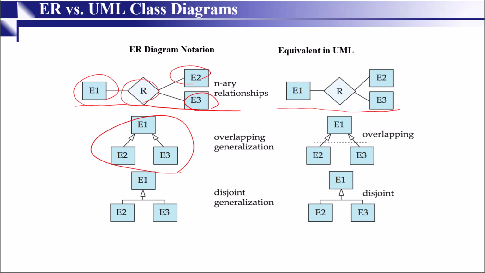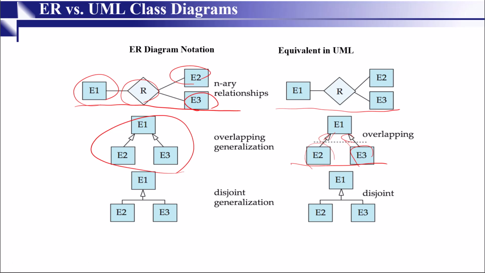The overlapping label indicates that an instance of E1 can belong to both E2 and E3. For example, a person can be both a student and an employee. And in the case of UML, generalization is shown with a solid line and an empty triangle, and you can see here, this points from E2 and E3 to E1.